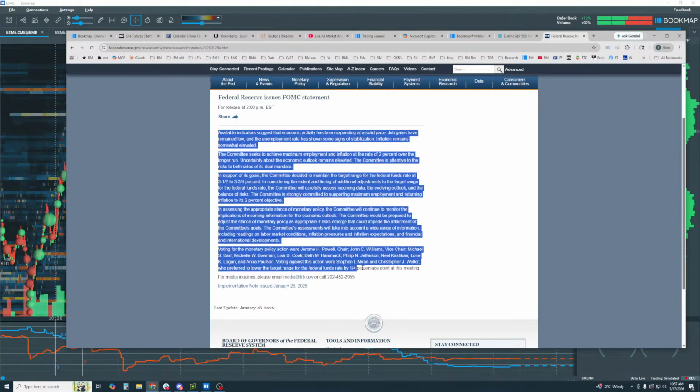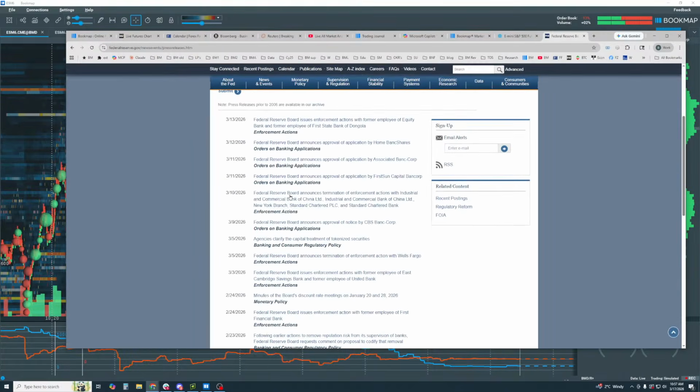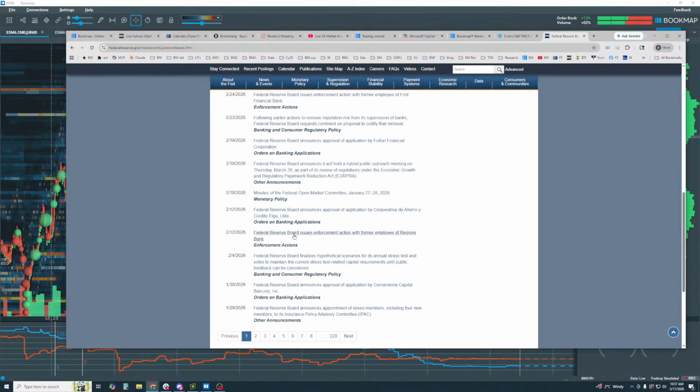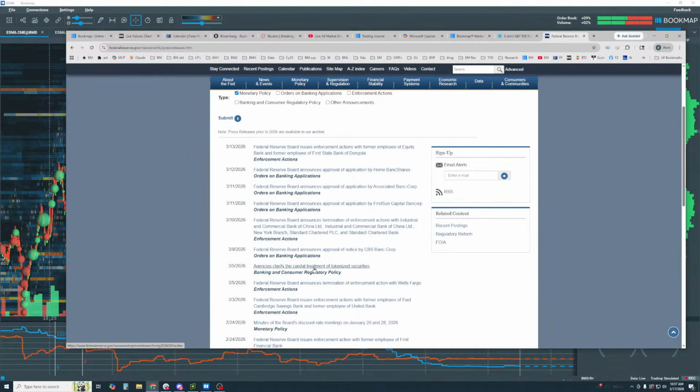But what you can do is take this statement, copy it, and put it into ChatGPT. You can look at the previous statement as well. You'll have to go back into press releases and look up the previous statement, or you can do a search for it, monetary policy, and copy and paste the last previous statement in there.